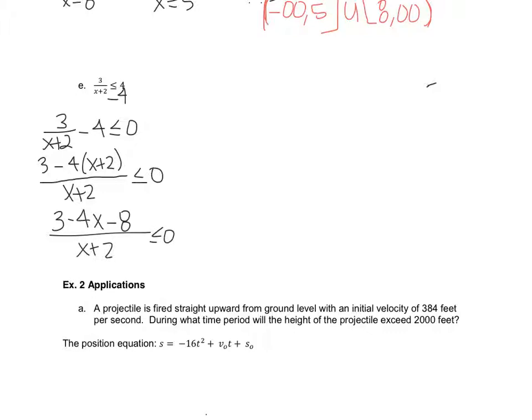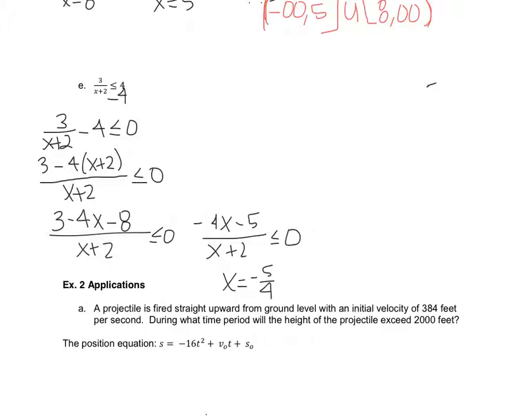So my final rational function, when I've simplified it, is negative 4x minus 5 over x plus 2 is less than or equal to 0. That's the one that I'm going to use to plug in. And again, you set your top equal to 0. So when I set my top equal to 0, negative 4x minus 5 equals 0, I get x equals negative 5/4.